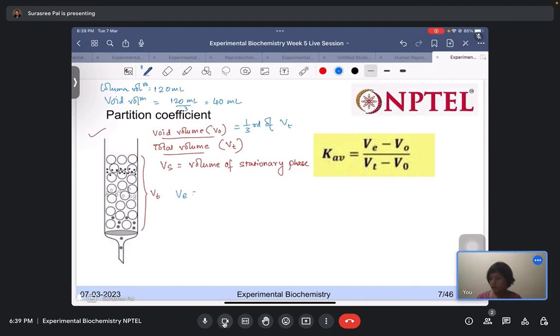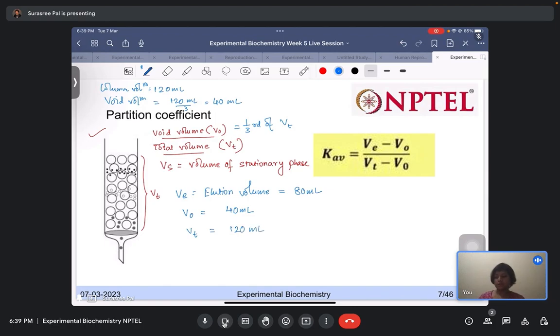VE is the elution volume of your analyte. So suppose your protein is being eluted at 80 ml in a column volume of 120 ml. Your void volume is 40 ml. Your total volume is 120 ml.